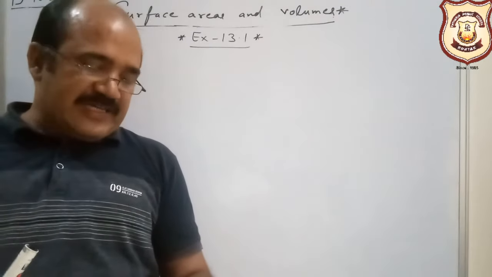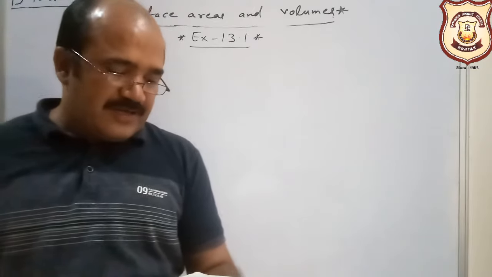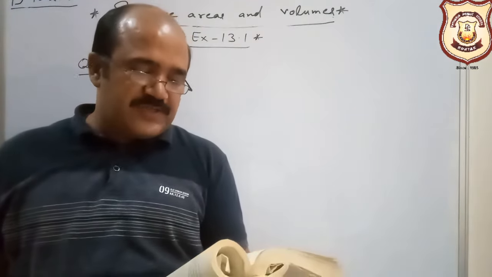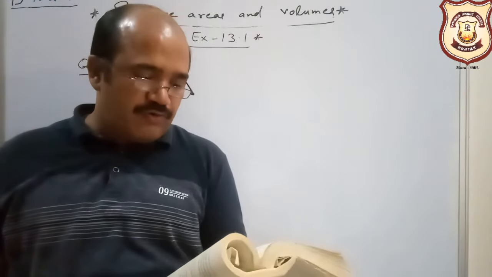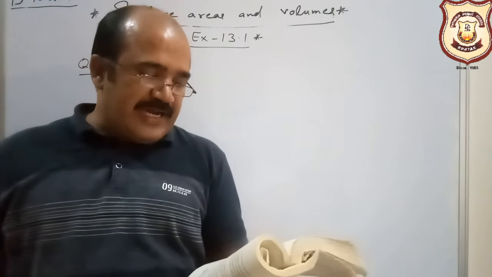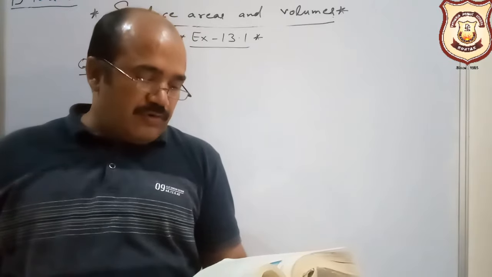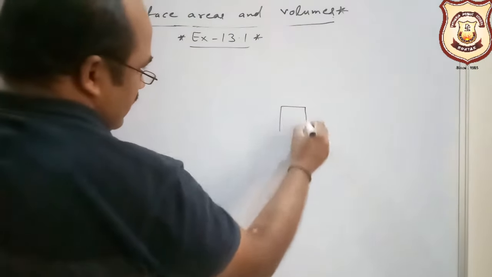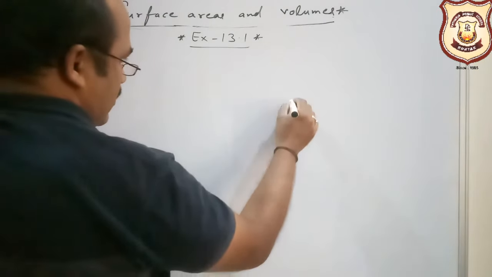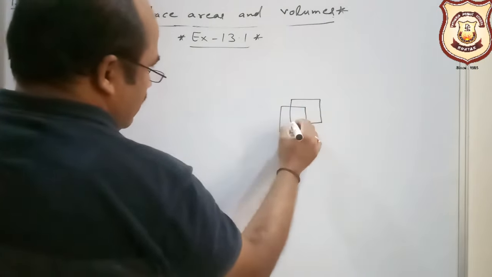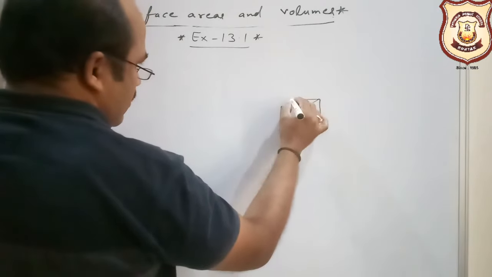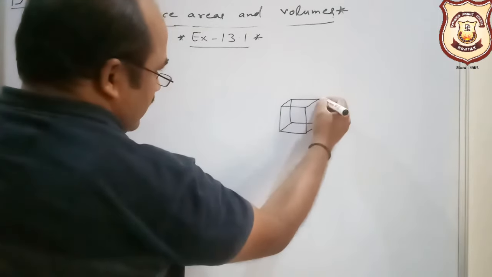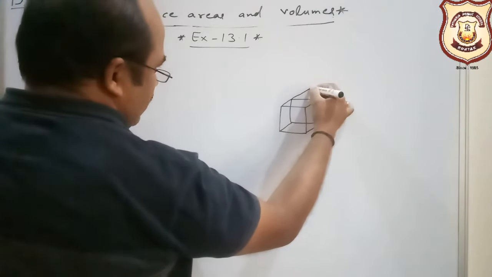See beta, exercise 13.1, question number 1. Two cubes each of volume 64 centimeter cube are joined end to end. See the figure: one cube is also joined to this.